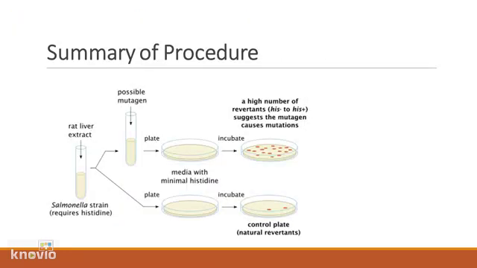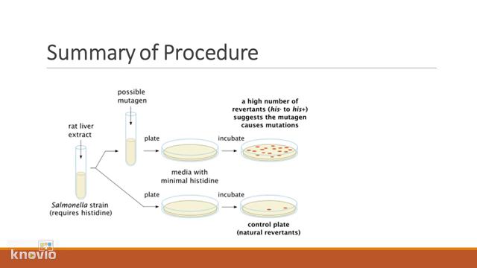Here we have a simple procedure for an Ames test. We have the organism of interest, which is a Salmonella strain that requires histidine to grow, but we genetically modified it so that its DNA doesn't produce any histidine. After that, we add a mutagen and plate it in media with no histidine.